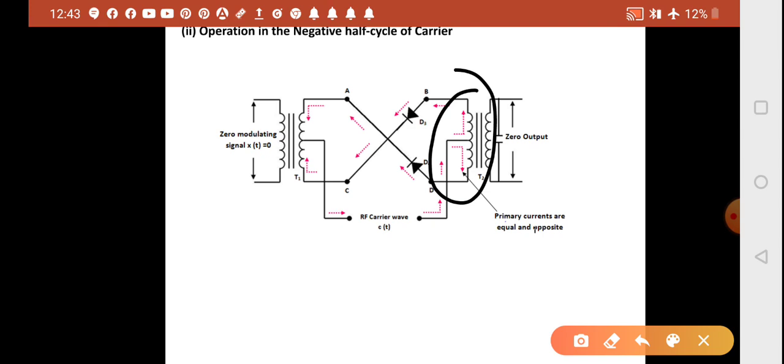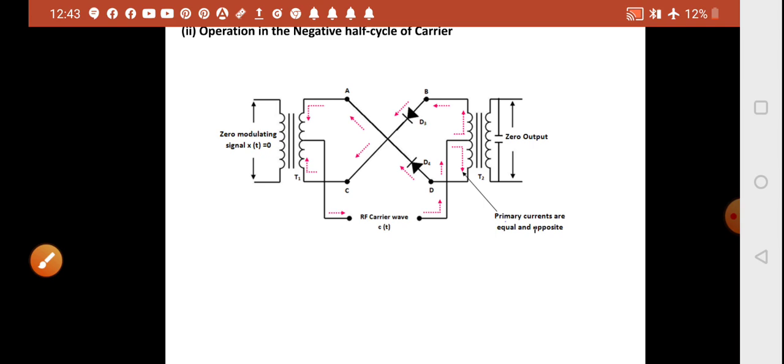Again, it cancels the magnetic field. That's why the output voltage is 0 in this case also. It is important to note that in both cases, with zero modulating signal, there is zero output, which means the carrier is suppressed.